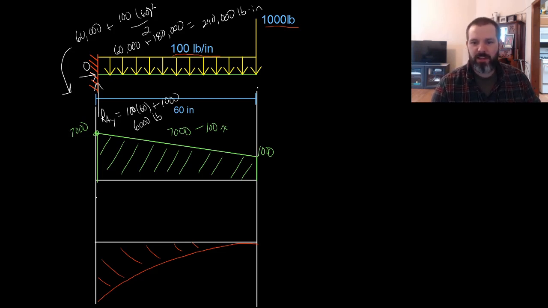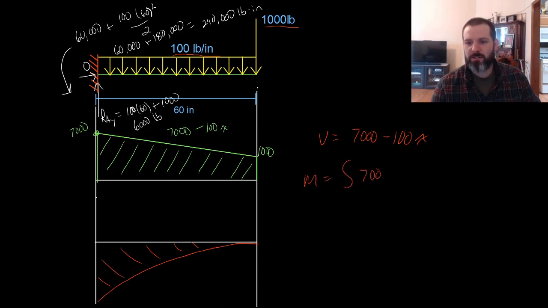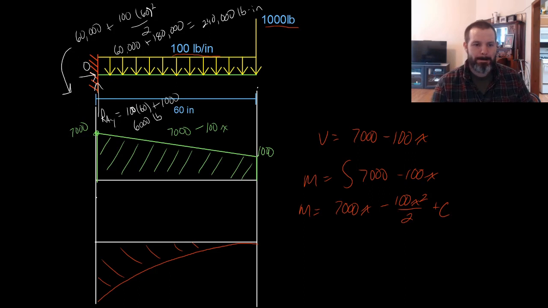And we can say that the shear is equal to 7,000 minus 100x. Moment equals the integral of 7,000 minus 100x. Moment will equal 7,000x minus 100x squared over 2 plus a constant.